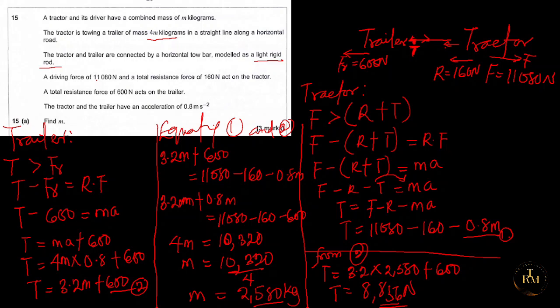That's the force that acts in the rod pulling the trailer with respect to the tractor. You can see how the resultant forces were obtained: those acting in the positive direction were taken as positive, and those acting in the negative direction as negative, just like your left and right forces.